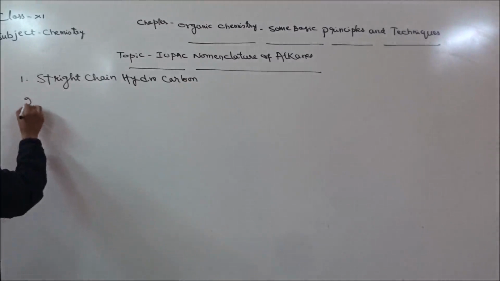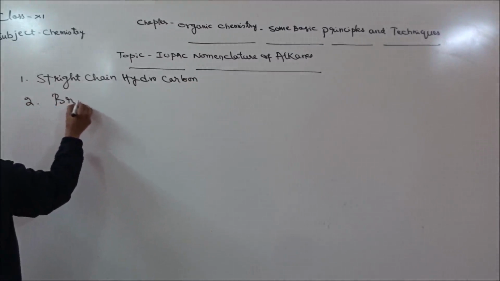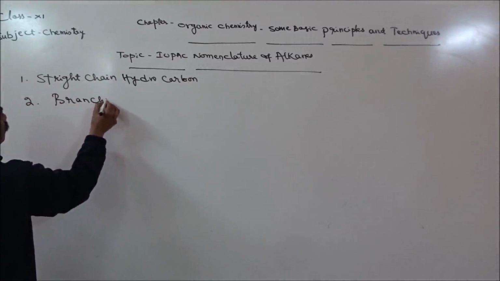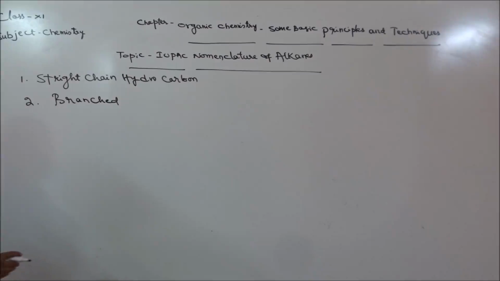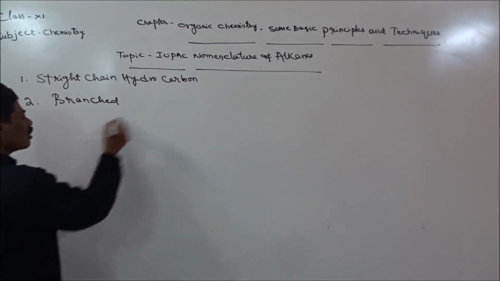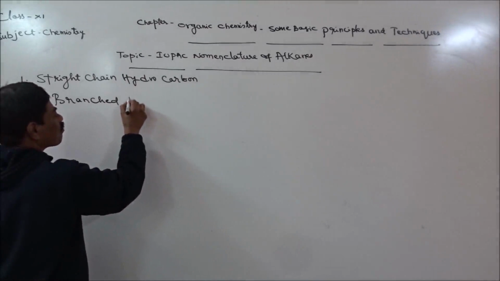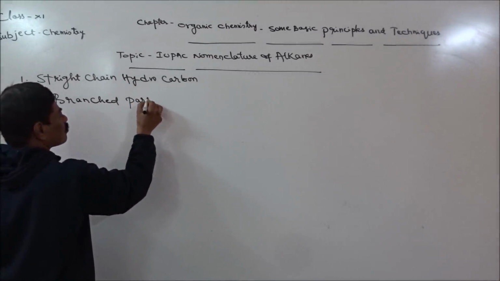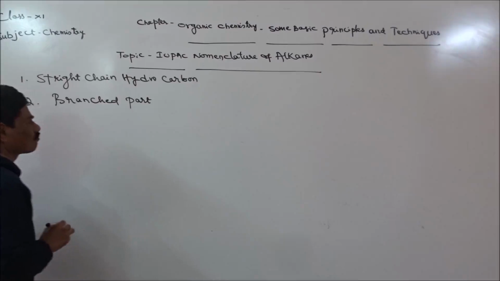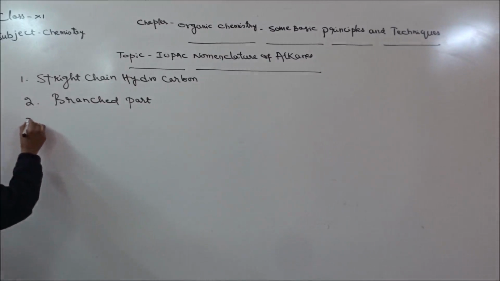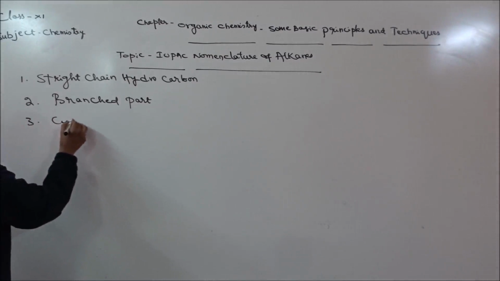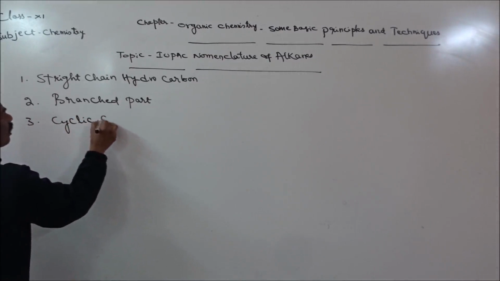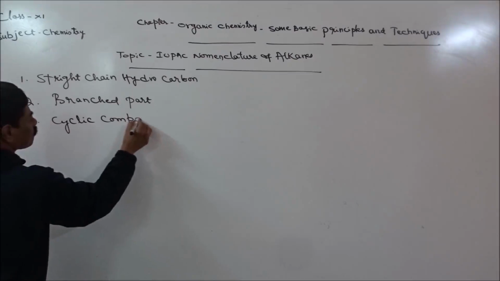Number 2, branched chain, or branched part. Number 3, cyclic compound.